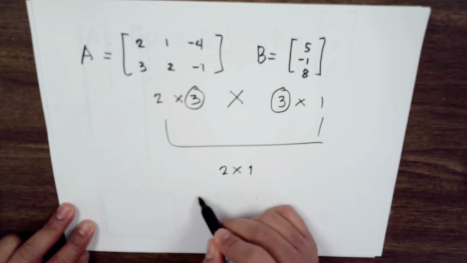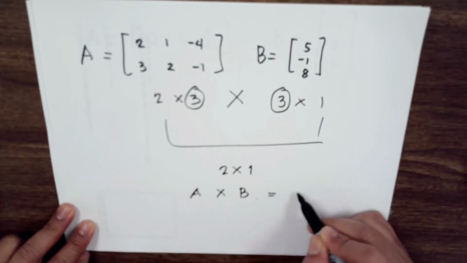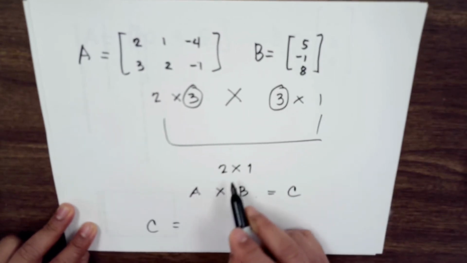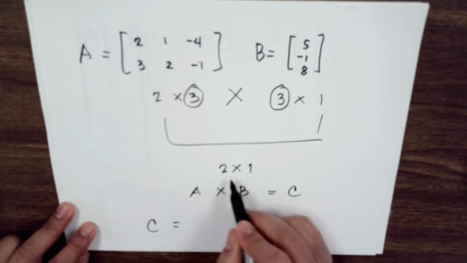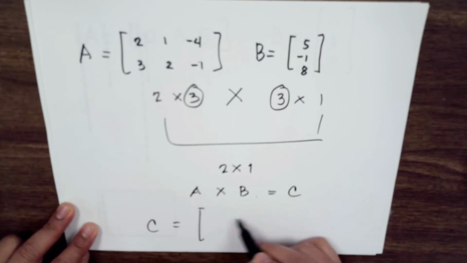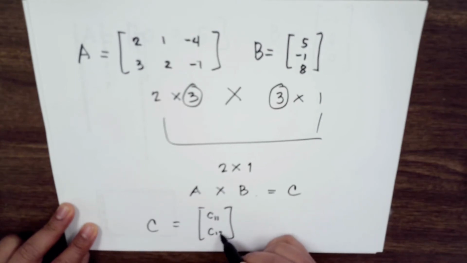Therefore, if you would like to multiply A times B, and you would like to create matrix C, matrix C now will have an order of 2 by 1, which means 2 rows and 1 column. So you only have C11 and then C21.